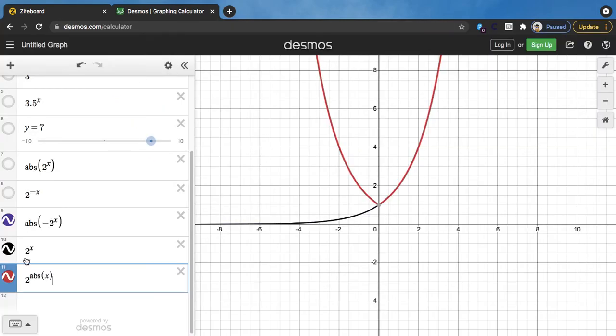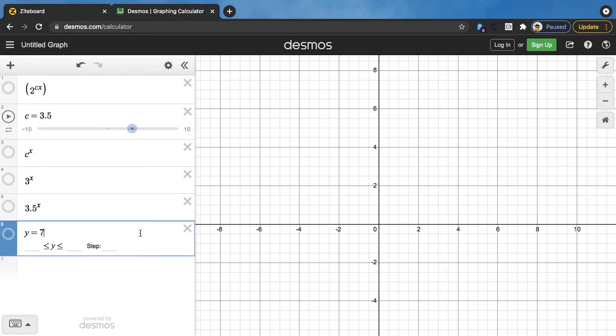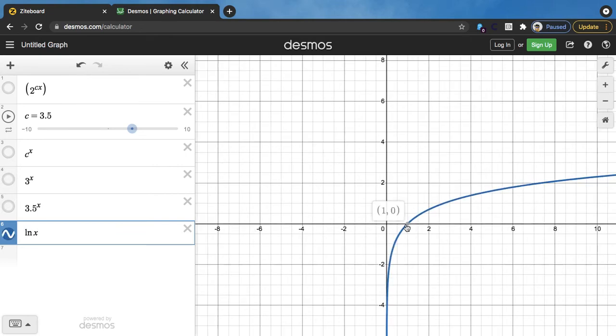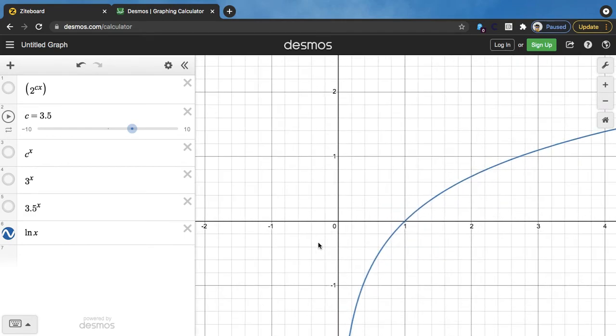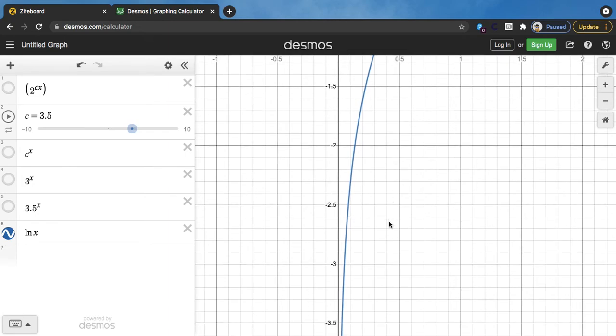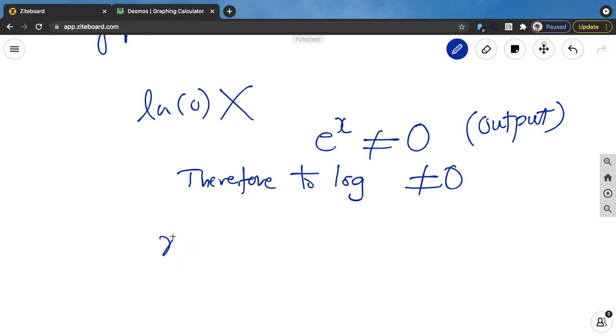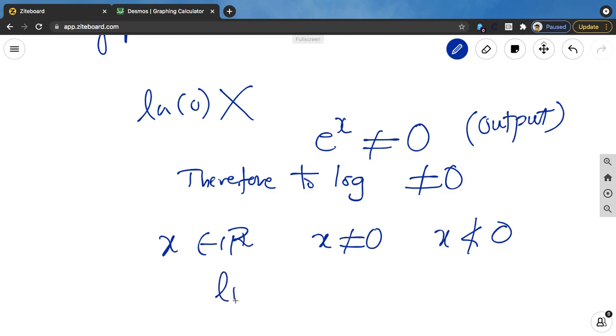If you graph ln of x, like we showed you, you will see the x-intercept and you will also see the vertical asymptote. That means the x value can go as close to 0 but not become 0. So x belongs to real numbers, but x cannot be 0 and x cannot be less than 0 also. So for ln x, the domain is x greater than 0.